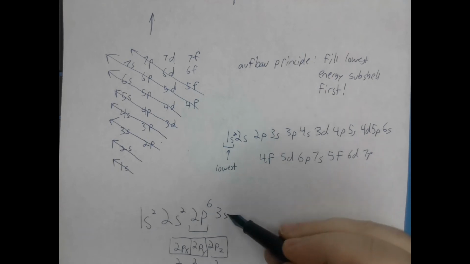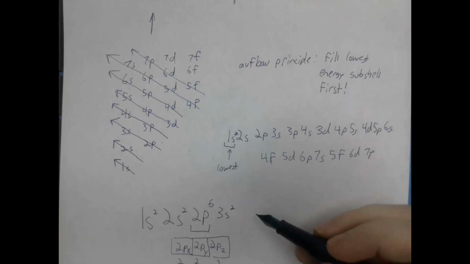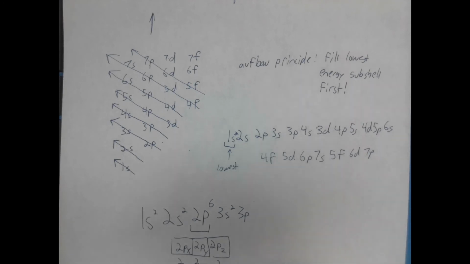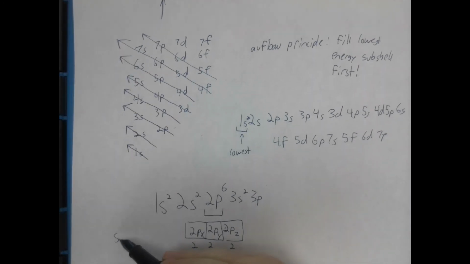And then 3s, there can only be 2 in s. And then we get p. So if you just remember that s is 1 orbital, or 2 electrons.